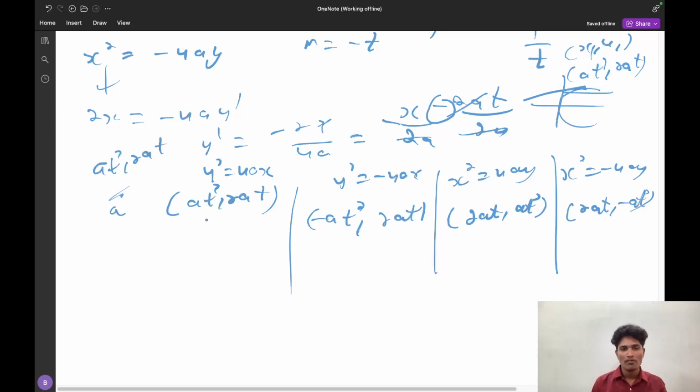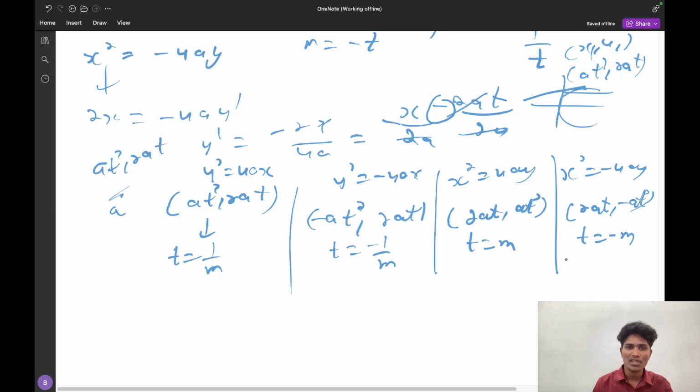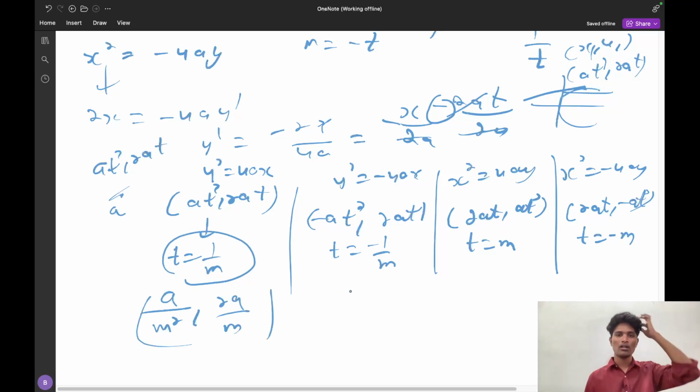Now for this one, what is the relation of t with respect to m? Yes, t is equal to 1 by m here. Here t is equal to minus 1 by m. Yes, here t is equal to m, and here t is equal to minus m. Yes, simply substitute here. What will you get? a by m square comma 2a by m, the point of contact. Here you will get a by m square comma minus 2a by m.